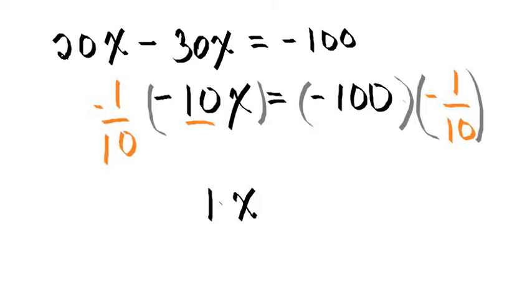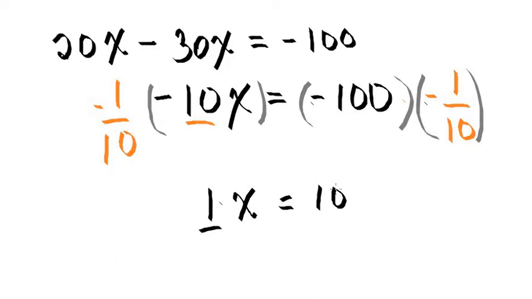So as you can see, negative 1/10 times, well, let's just say this. A negative times a negative is positive, and 1 over 10 times 10 is 1, right? Is equal to, and now we have a negative times a negative once again, and a tenth of 100 is just 10.